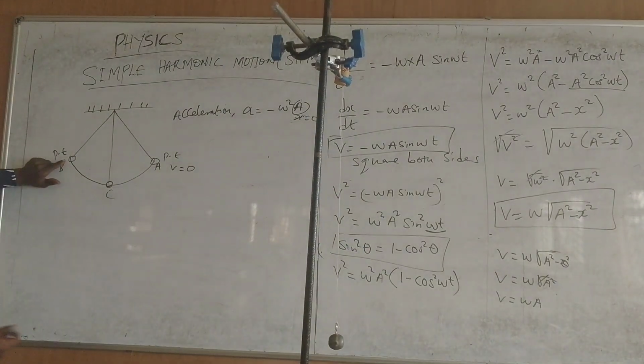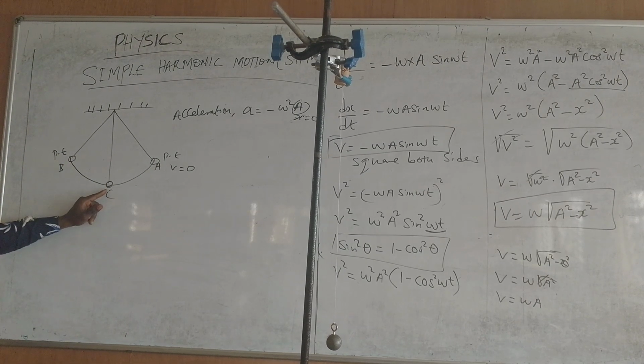Here too the same thing. Here is also maximum displacement. Acceleration here is maximum, while the velocity or speed, we use both velocity and speed interchangeably, is 0. While when you come back here again, velocity or speed is maximum. Why? Acceleration is 0.